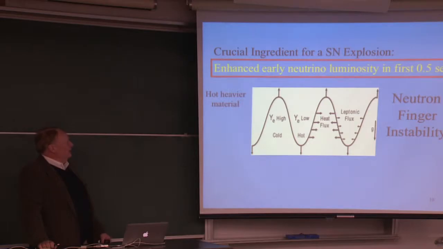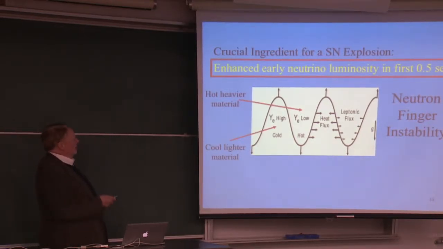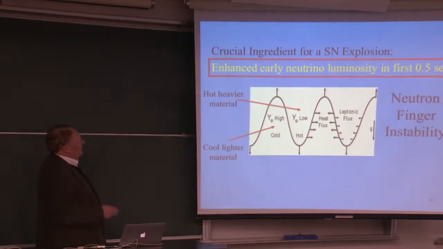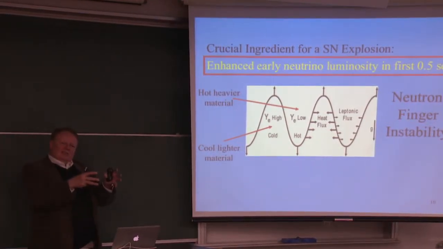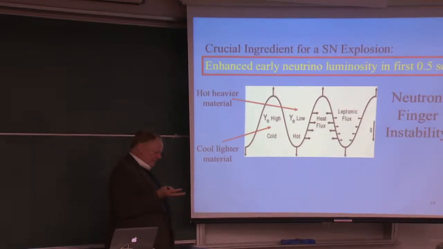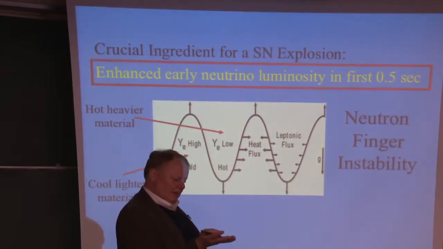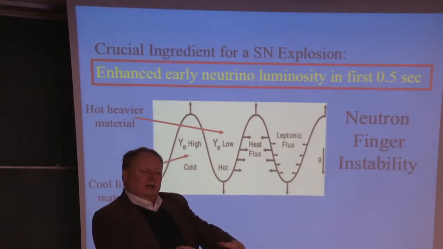And this is a figure from one of our papers and our book, but there's a phenomenon that occurs as this neutron star is cooling. It's analogous to sometimes there's a freshwater river that's going into ocean water.